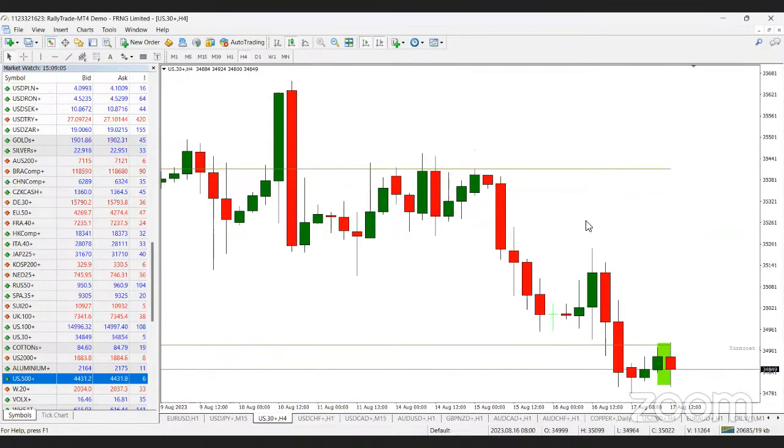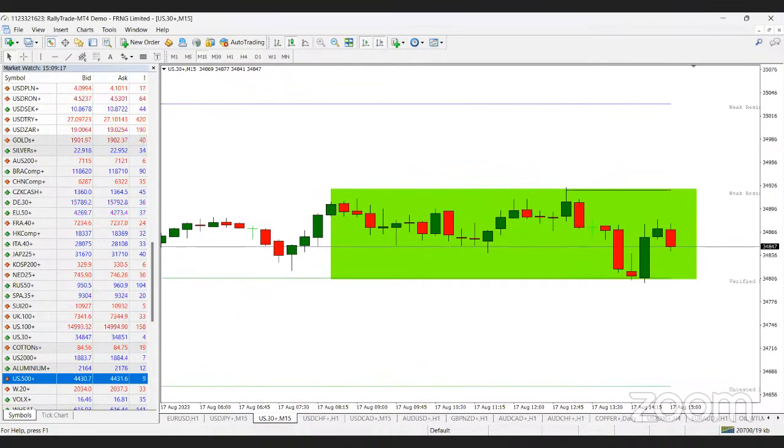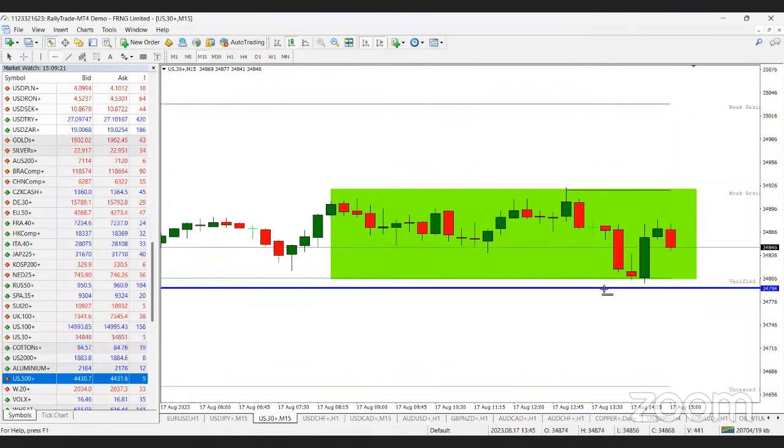Before I go back, let's look at it on 4 hours. On 4 hours, it looks like after this hammer here, price might actually be retracing to the upside. But because of the range that we have seen on 15 minutes, my advice for trading US 30 today will be to wait for price to make a breakout of this resistance and this support.